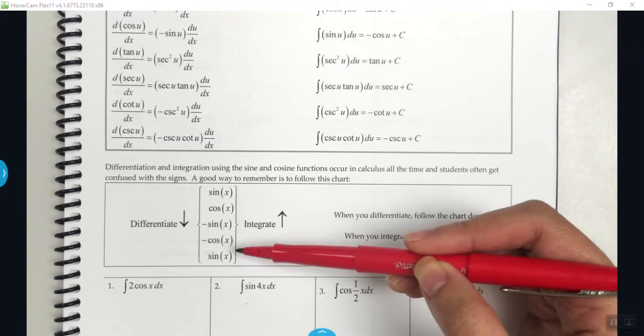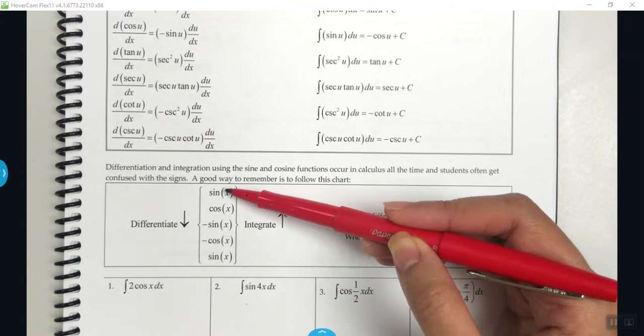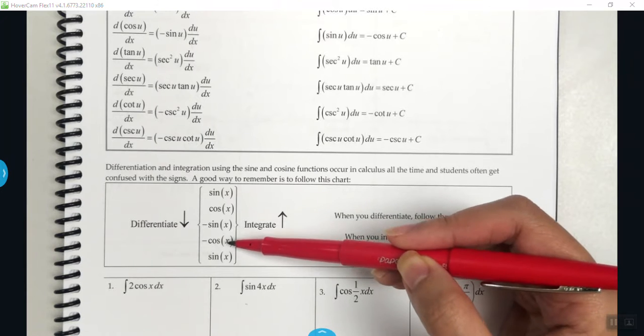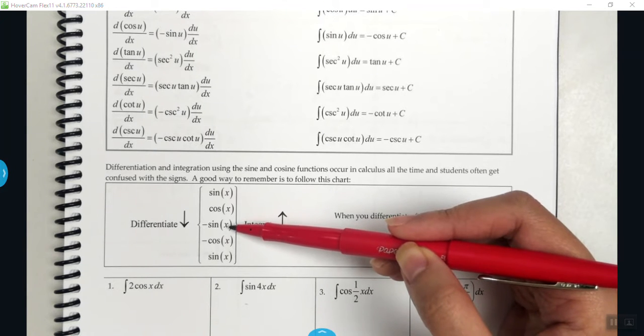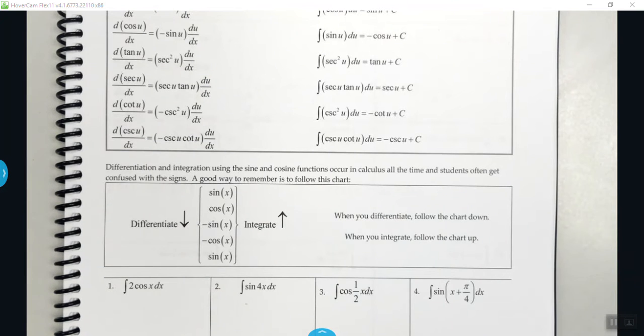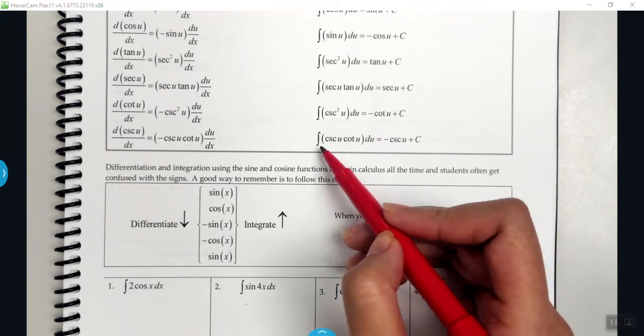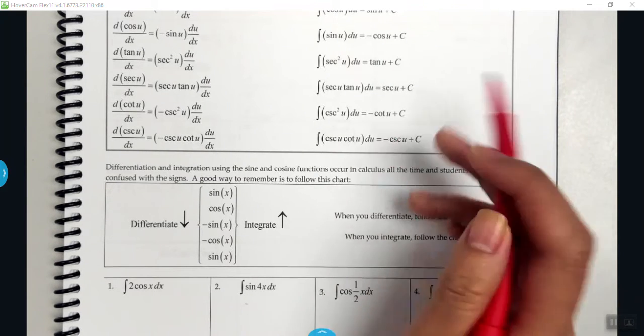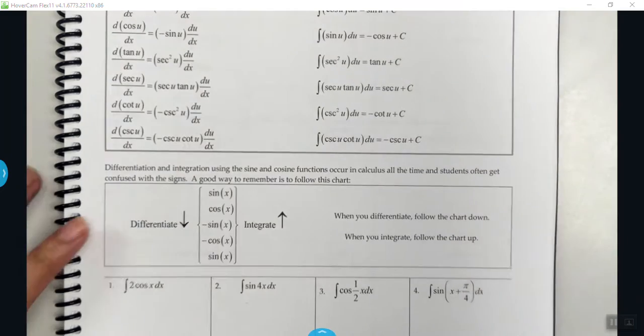If you want the derivative of sine, it's cosine. And if you want to integrate, you work your way up. So the integral of negative cosine is negative sine. So if you write that chart, then that helps you figure out your pluses and minuses for sine and cosine. Otherwise, the c's are the ones that stay negative. It's just the sine and cosine that are flipped.